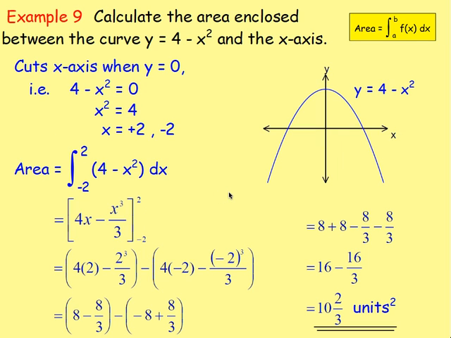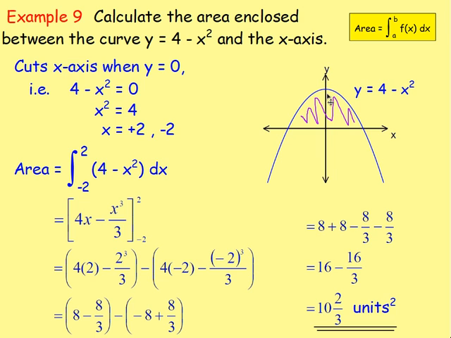This example here, example 9, again this isn't every example, so you may wish to go back and look at the other ones, but for this one we weren't told what the limits would be. If you want the area enclosed between the curve and the x-axis, you're really looking for this area that's in here, and to work it out you'd have to know these 2 points first of all. So to get those 2 points, just think about what you know.